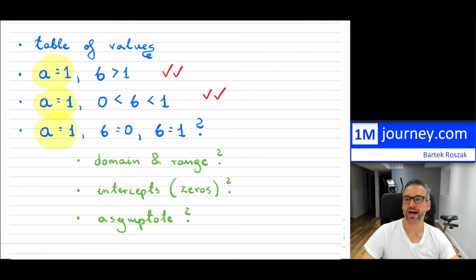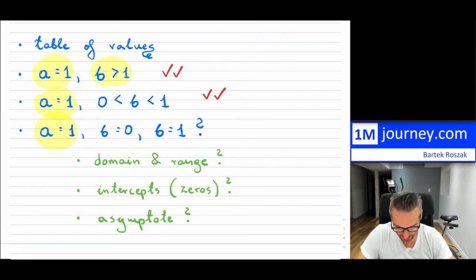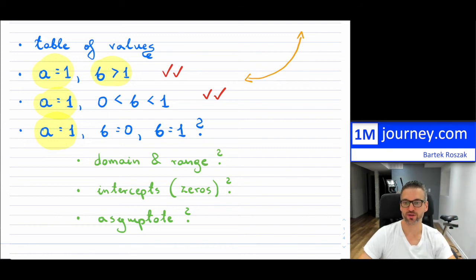Let's come back now because we talked about these cases, right? We talked about the case when our base is greater than 1. We saw that the exponentials in this case go and look like this, and then they just explode on us. And here they start to approach and get closer and closer to 0. We'll talk about that maybe in the domain as well.